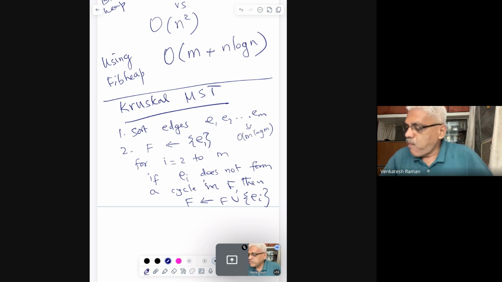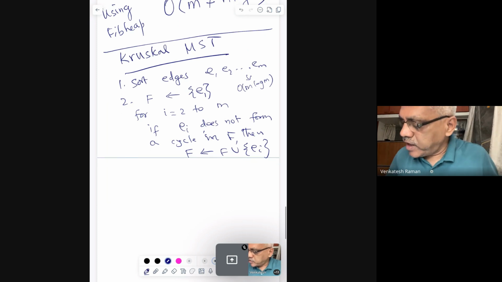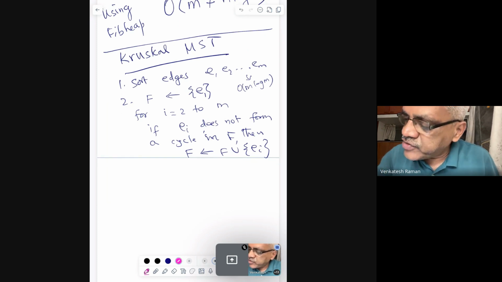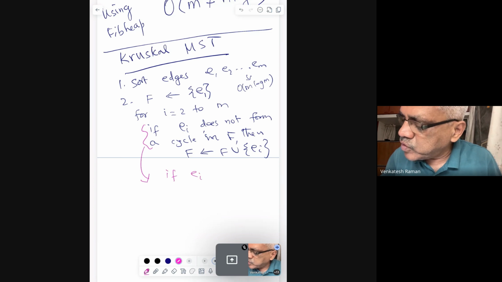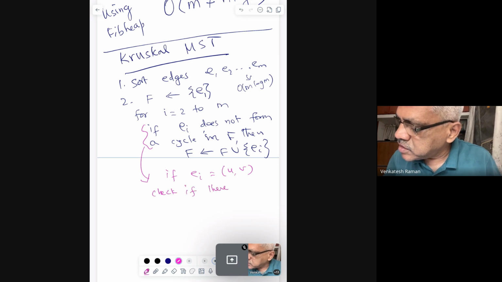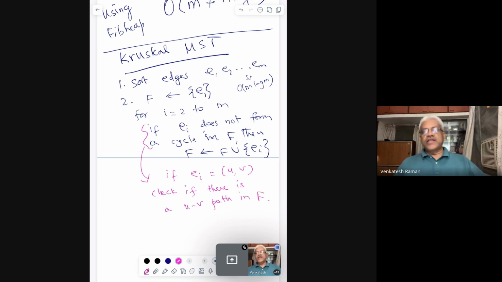Again, you can analyze it only if you have some description of the algorithm. So if e_i equals (u, v), then this step is: check if there is a u-v path in F. If there is a u-v path in F, then don't add it, otherwise add it.